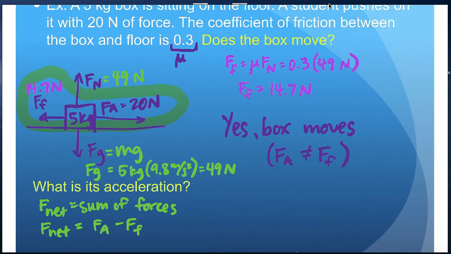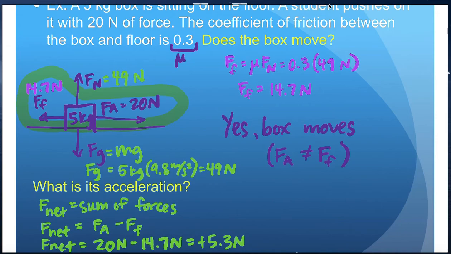Remember that F net equals sum of forces always means write your own equation based on the picture that you have. So F net will equal 20 newtons minus 14.7 newtons, and that gives us a net force of positive 5.3 newtons. So 5.3 newtons to the right.